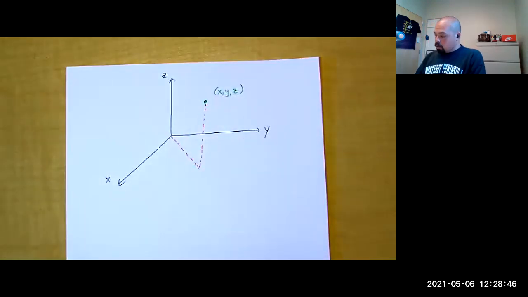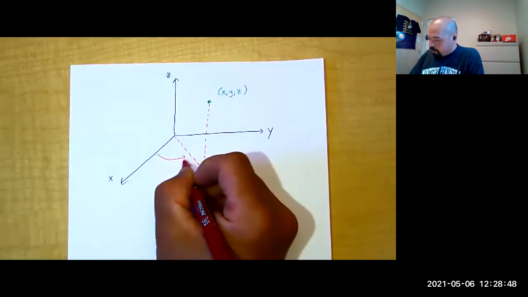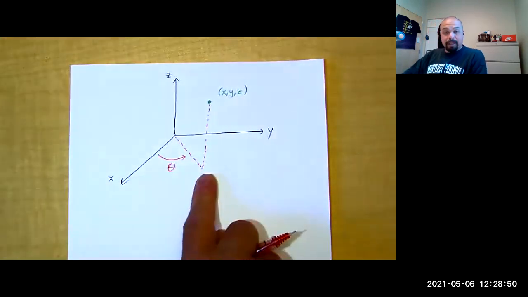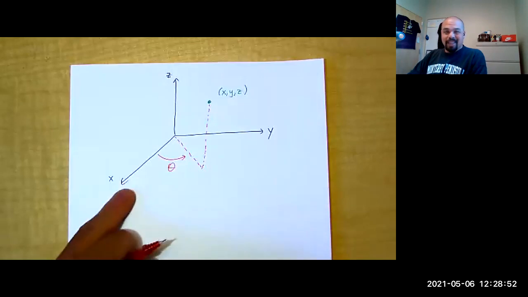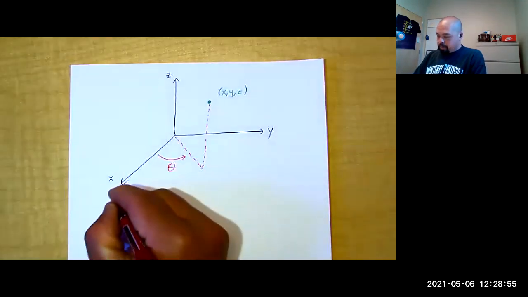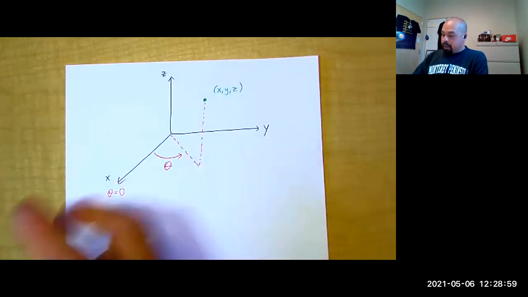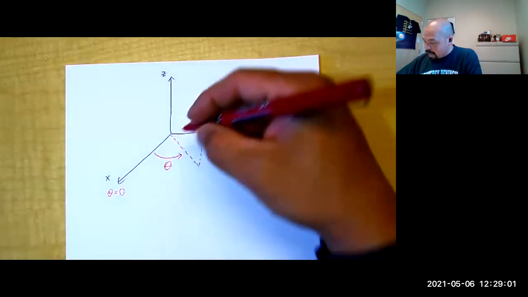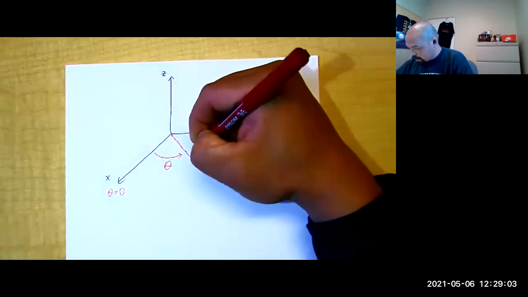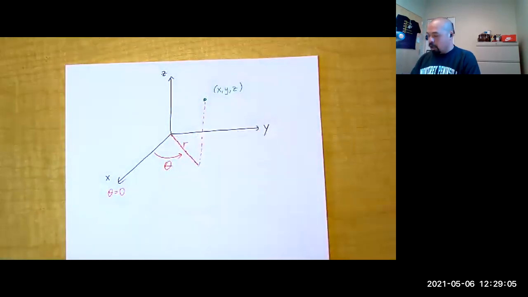And with cylindrical coordinates, we can identify this value theta, how far out that point is going to swing from that positive x-axis, that theta equaling 0. At y, theta is pi over 2. And we can measure that distance out, r.